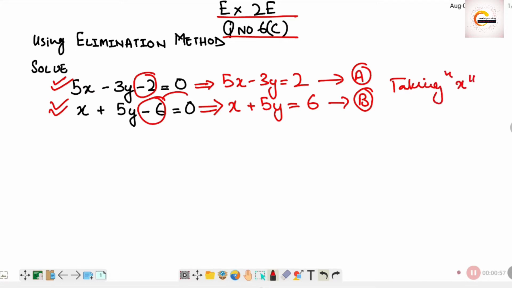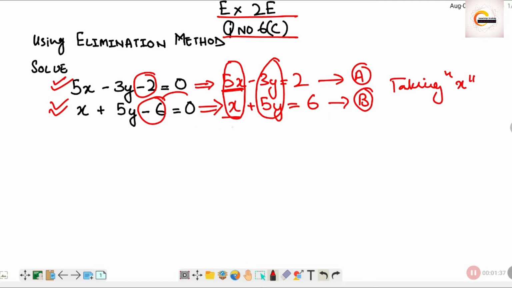We can see here that the coefficient of x is 1 in equation B, and the coefficient of x is 5 in equation A. And we all know that for the elimination method, the coefficients of our selected variable have to be the same, but here we can see that all the coefficients are different, whether in y or in x. But there is one thing that is notable, and what is that?